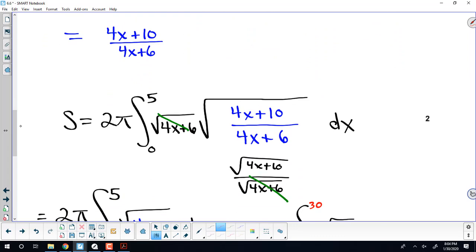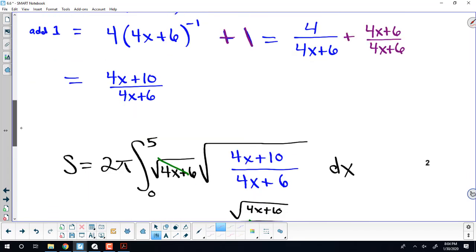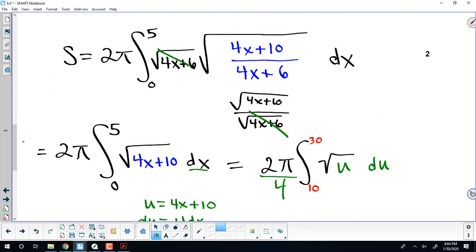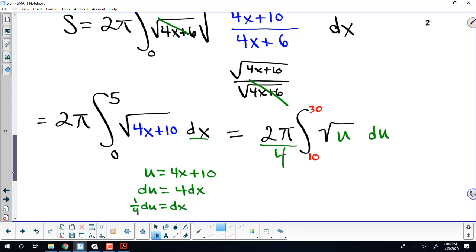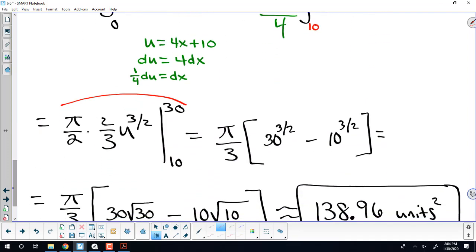If you didn't cancel any of this stuff and you put the mess we had in the beginning and said, oh, just the integral of that times the square root of that is equal to 138.96, clearly it's questionable how you got that because you probably just put it in your calculator. Hopefully that's clear. There is some ambiguity there, I get it, but we're in calculus, so we want to see calculus. I don't want to see calculator stuff.